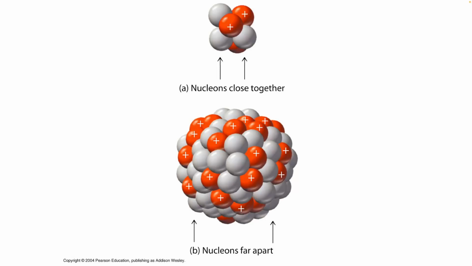And so the bigger your nucleus becomes, the higher your chance for instability, for there to be too much electromagnetic force of repulsion and not enough strong force keeping everything together, and so that nucleus could decay.